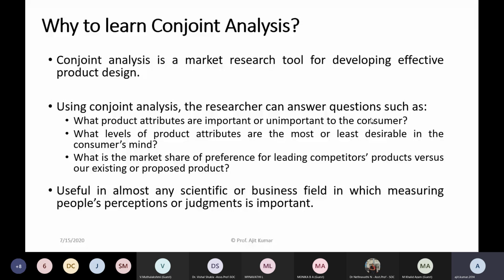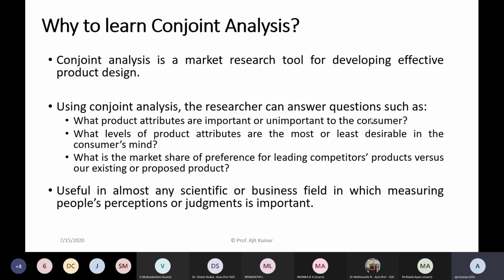Now, what levels of product attributes are most or least desirable in consumers' minds? This is another question. Then, what kind of market share or preference exists for leading competitors? You do some sort of competitor product analysis versus your own, so you can compare your own brand with respect to your competitors.